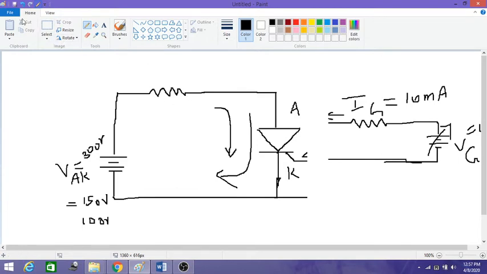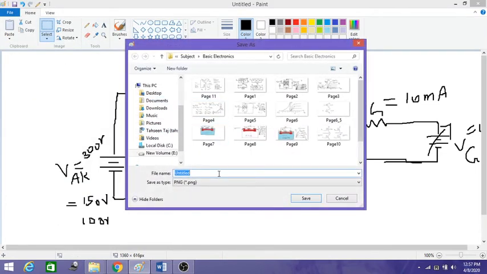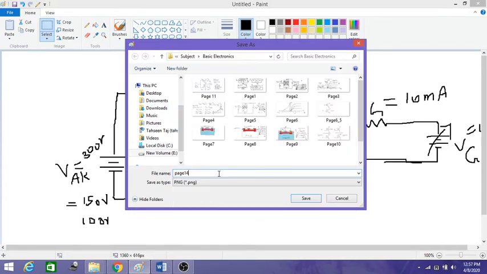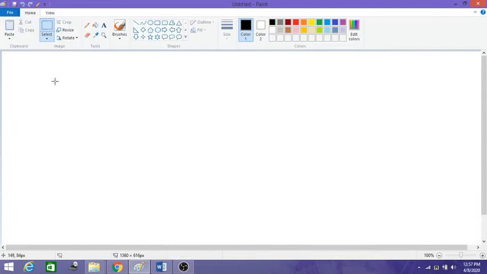Okay, so now we will see this. Let me save this page and come back to page 14. So now let us write this two transistor model switching action.